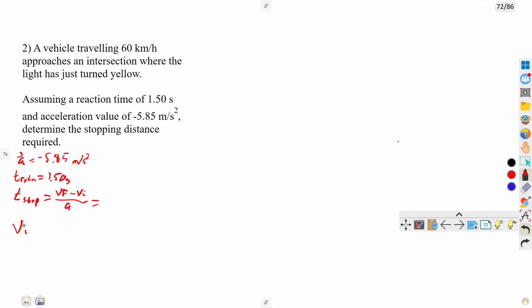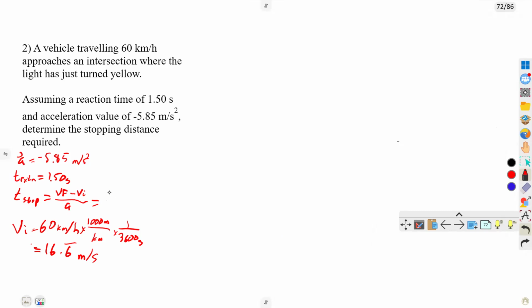And our VI is 60 kilometers an hour, and we're going to multiply that by 1,000 meters per kilometer, and then divide that by 3,600 seconds. So just give me a second here. 60,000 divided by 3,600 is 16.6 repeating meters per second.